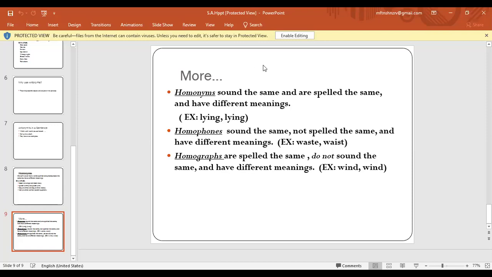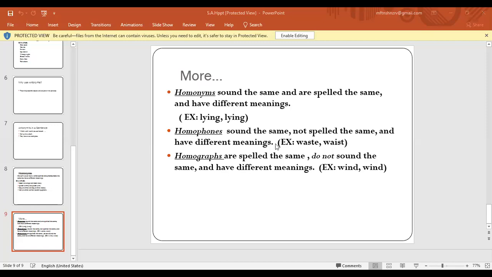Homonyms have two types: homophones and homographs. Homophones sound the same, are not spelled the same, and have different meanings. For example, waste, waist.